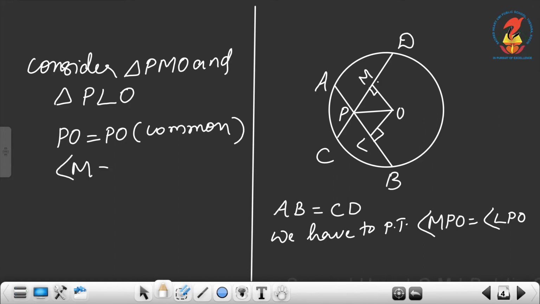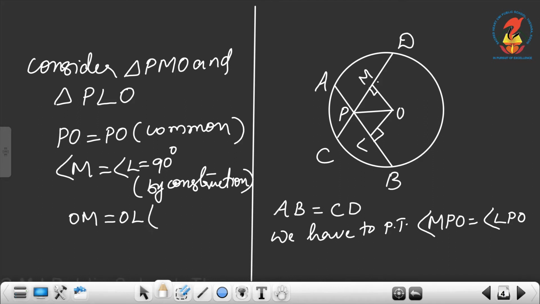Angle M is equal to angle L, equal to 90 degrees by construction. Next, OM is equal to OL because equal chords are equidistant from the center.